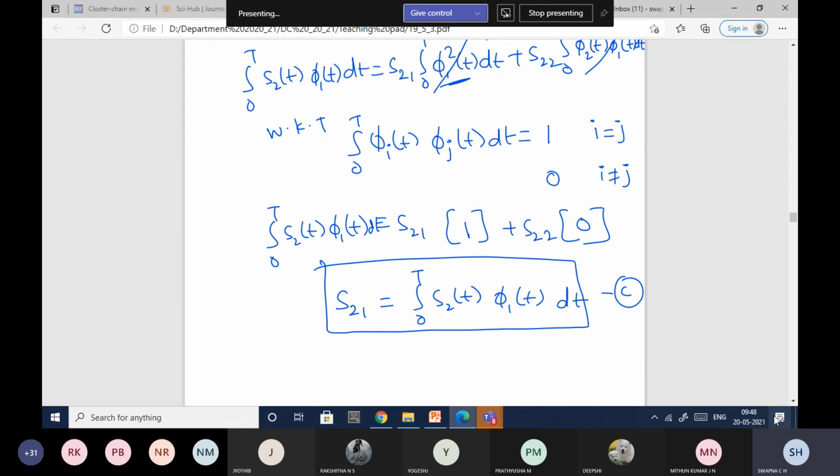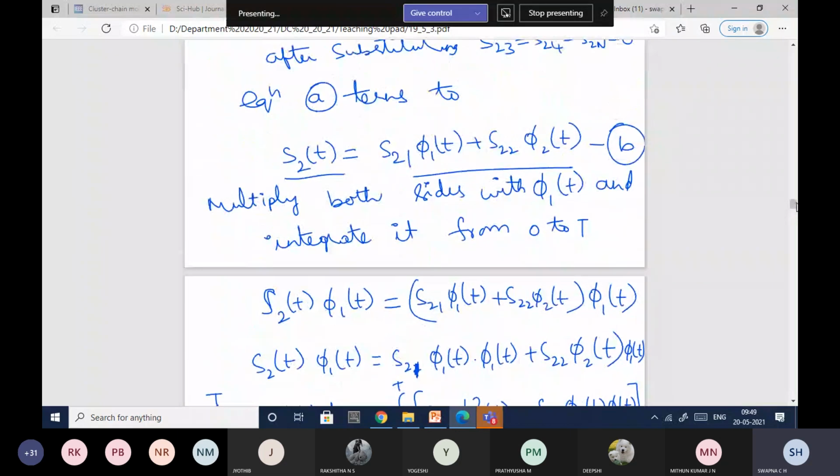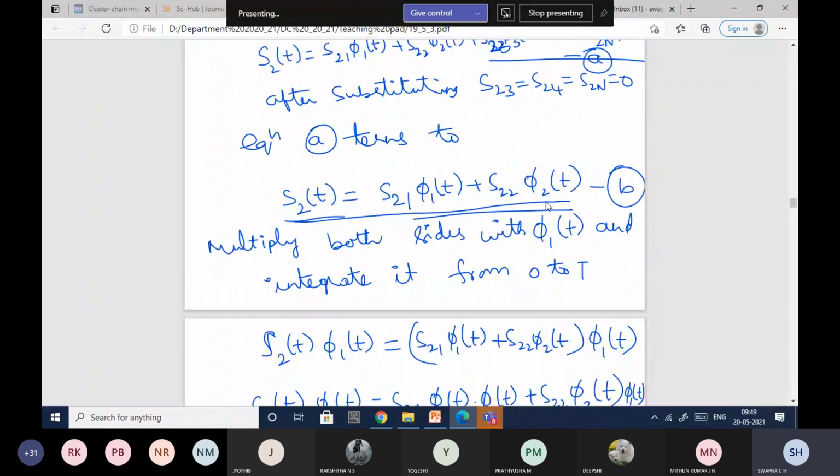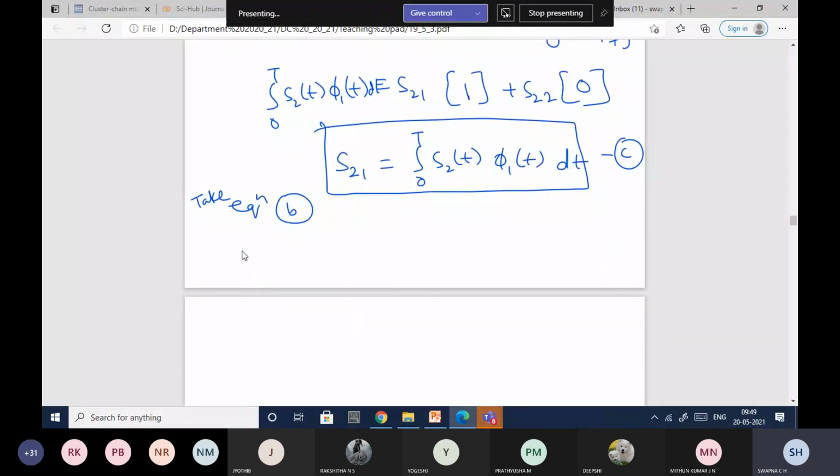Now again let me retake equation B. Equation B is nothing but this basic equation: S2 of t is equal to S21 phi1 of t plus S22 phi2 of t.